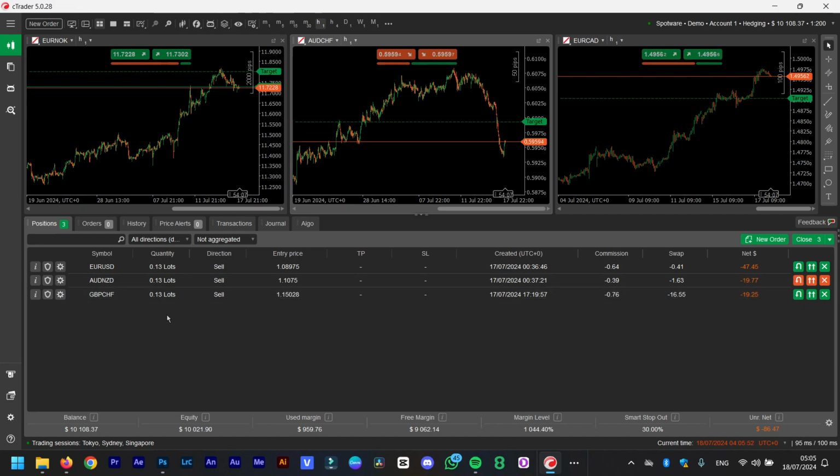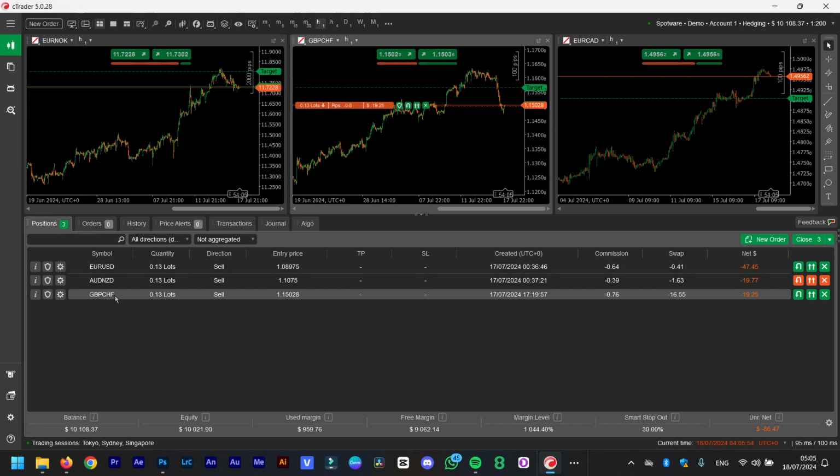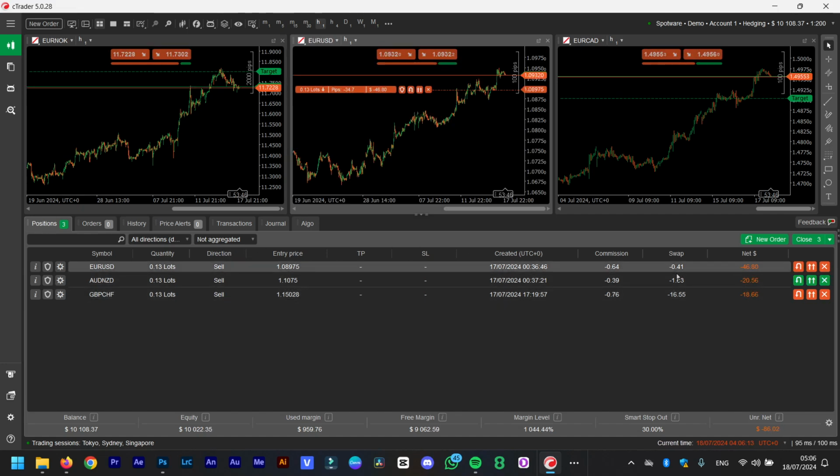Every chart has a different swap commission than others. Every currency pair has a different swap cost than other currencies. For example, for Euro USD, I'm paying 40 cents per day, having a proportional lot size of 0.13.